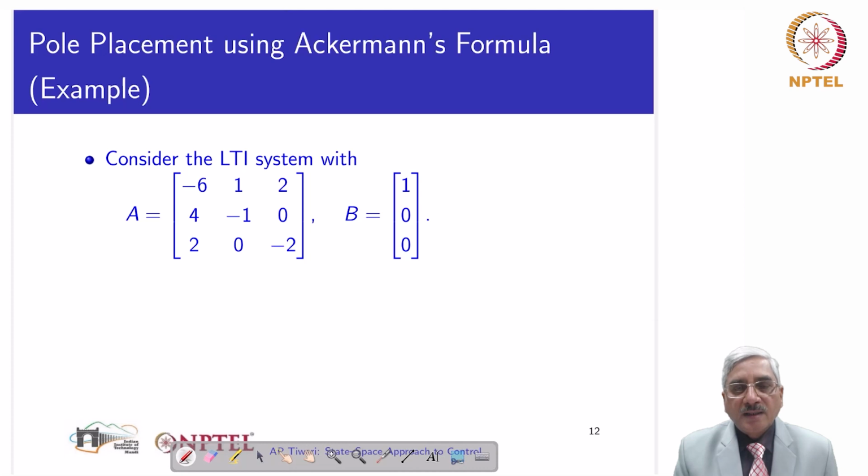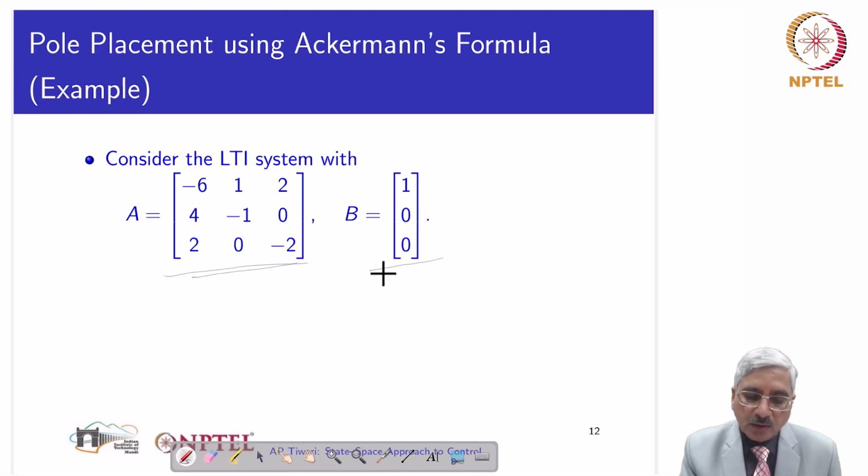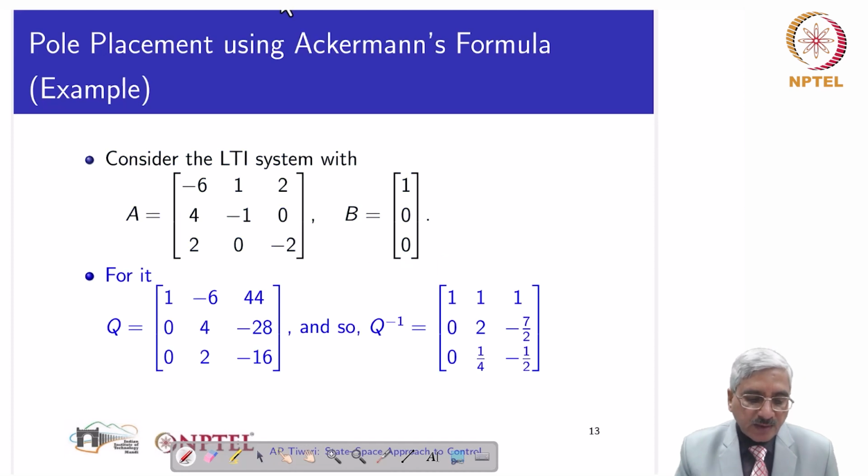So we consider an example where we will apply Ackermann's formula. This is the same example which we have been taking throughout from the beginning of this topic. So this A is a 3 by 3 matrix and B is the one column corresponding to, of course, single input. And for this system, we want to obtain a state feedback gain K. Desired characteristic polynomial is the same as the one which we have been taking, s cube plus 6s square plus 11s plus 6.